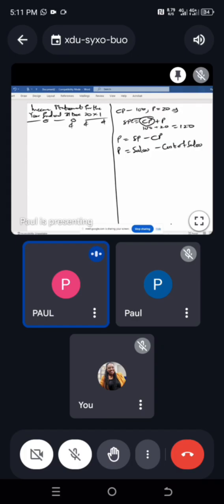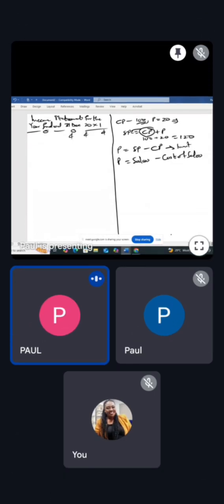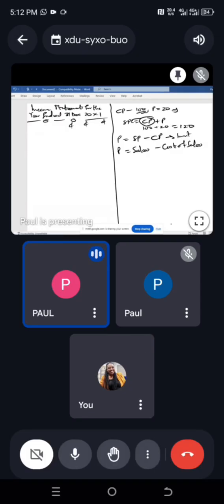Please, you understand? This is for 1 unit, per unit. Selling price is for 1 unit. That's why I said when you buy a calculator for 100 cedis, and you are selling that one calculator, how much will you sell it? You said you add a profit of 20 cedis for one. You get it? So this is for 1 unit, but for multiple units, you multiply by quantity. I believe you've done that in quantity.